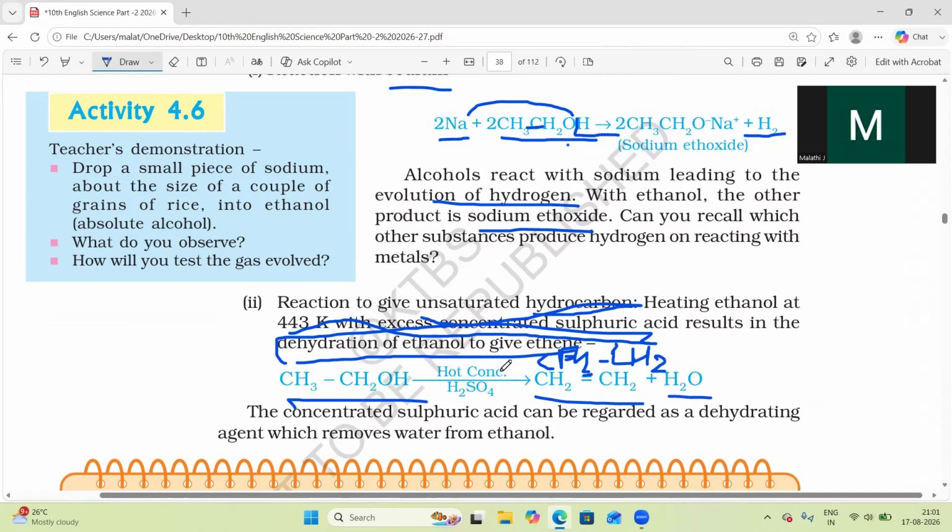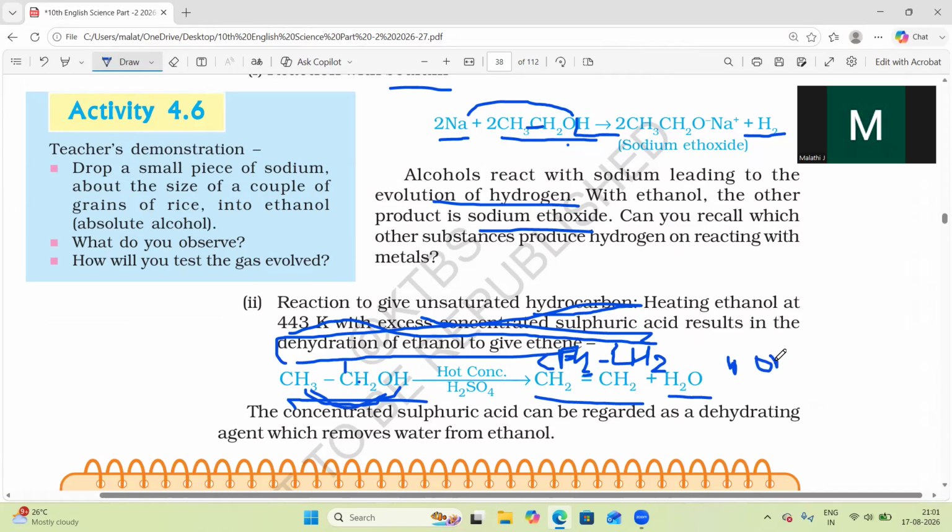If you take H2SO4 here, what will happen? One hydrogen atom from here will come here. Dehydration means water molecules are removed, that is, H plus and OH minus ions will be present here.